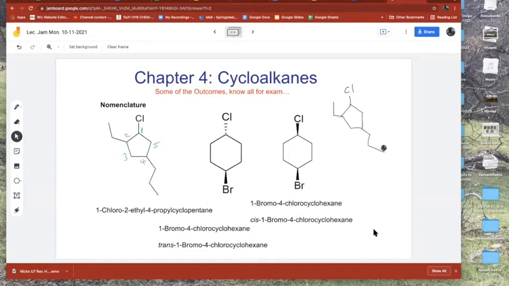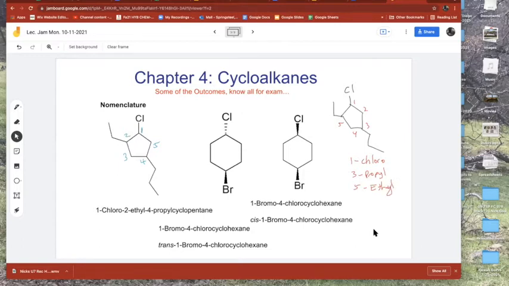So why not 1, 2, 3, 4, 5, having a 1-chloro, 3-propyl, and a 5-ethyl? Why not do that? Does anybody have a guess at why that didn't happen?